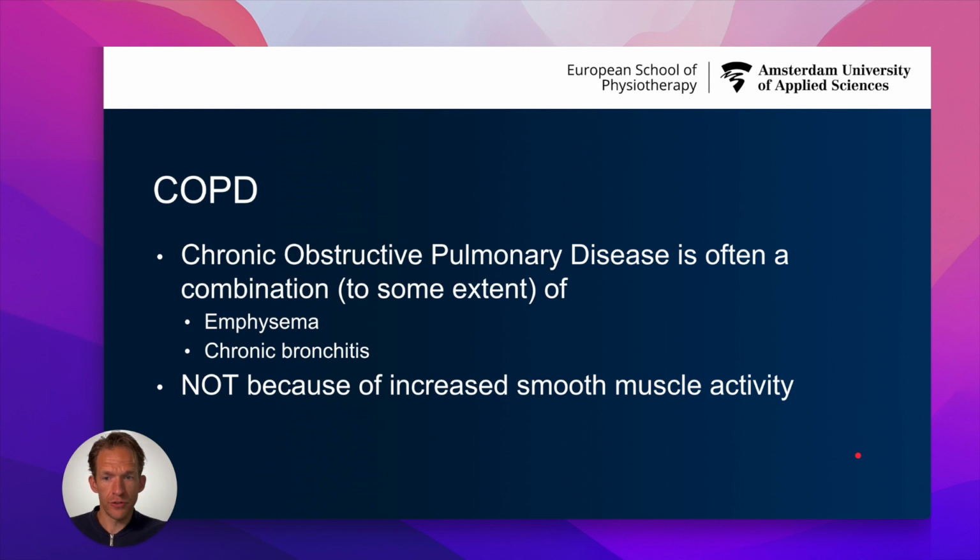COPD is different because COPD is also an obstructive disease, but it is not caused by this excess smooth muscle activity. COPD is actually an umbrella term, so we have to always separate the emphysema component and the bronchitis component if we're trying to explain the physiology of the pathology.